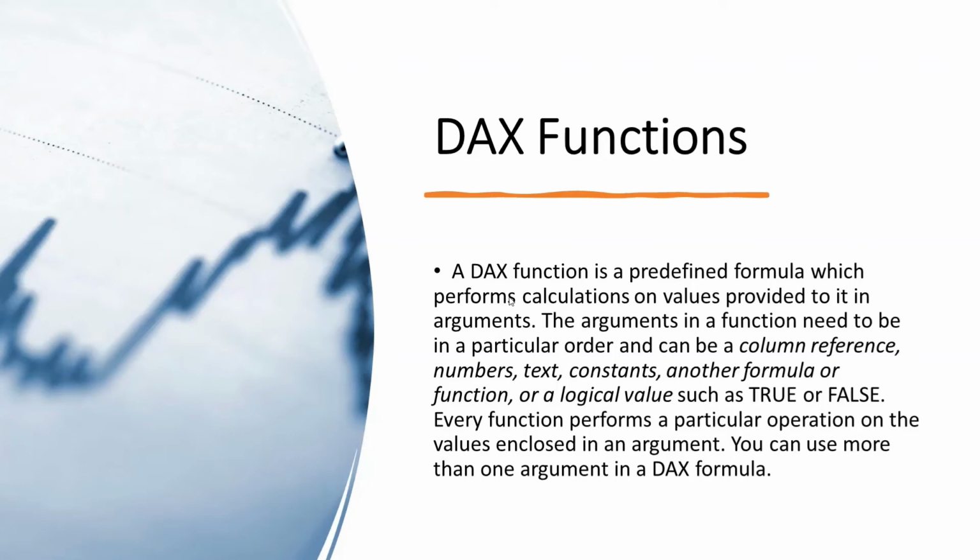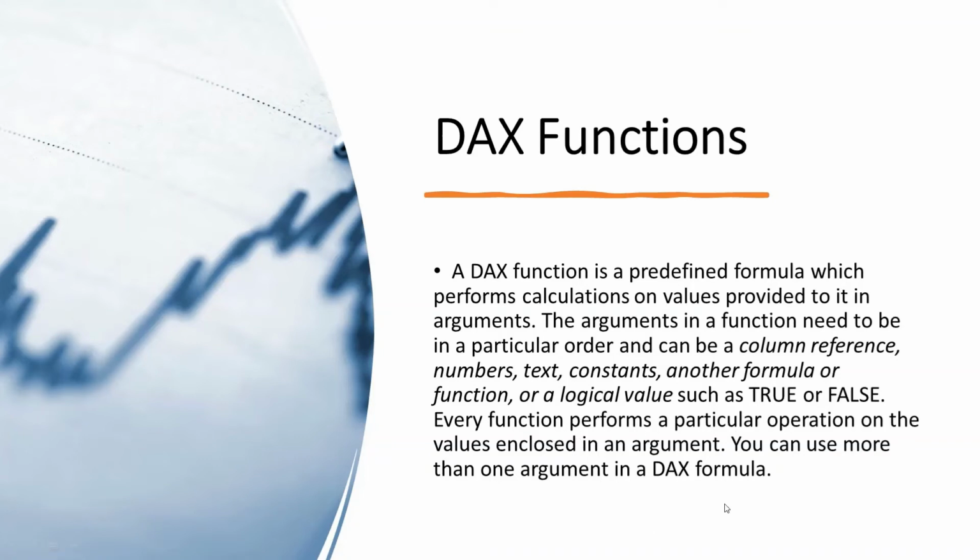They can be a column reference, numbers, text, constants, another formula or function, or any logical value such as true or false. Every DAX function performs a particular operation on the values that are enclosed within the arguments.